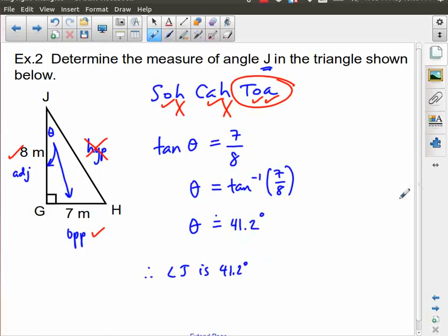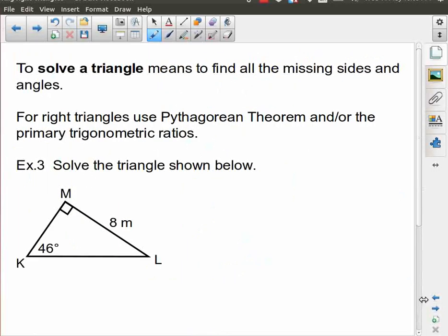Okay? And finally, I mentioned at the beginning we talked about solve. So this word solve, sometimes that's a very generic thing. It doesn't say solve for a specific angle, solve for a specific side. Sometimes you might just be asked to solve the entire triangle, and that means find everything that's missing, angles and sides.